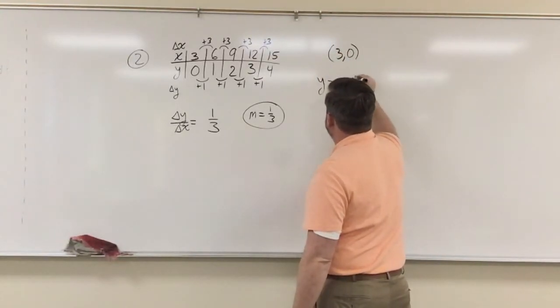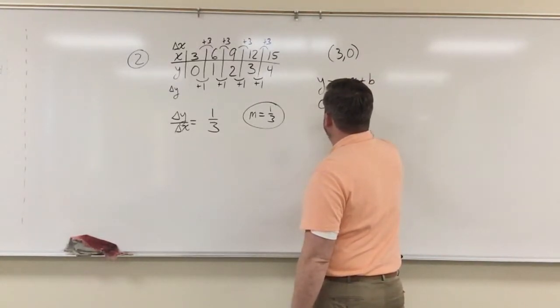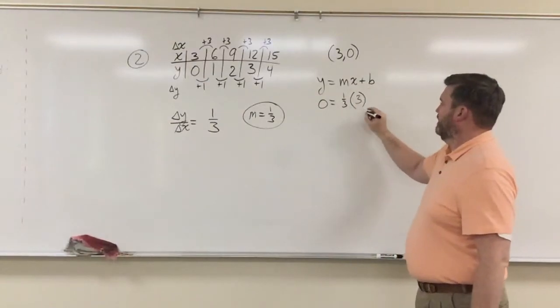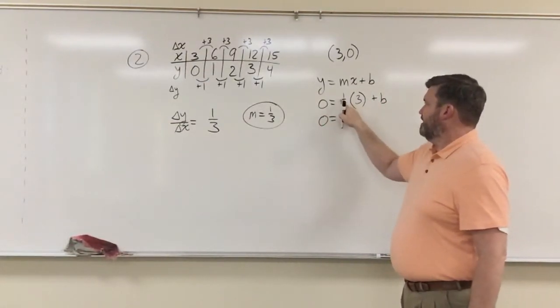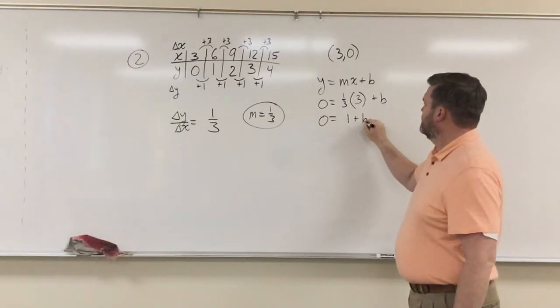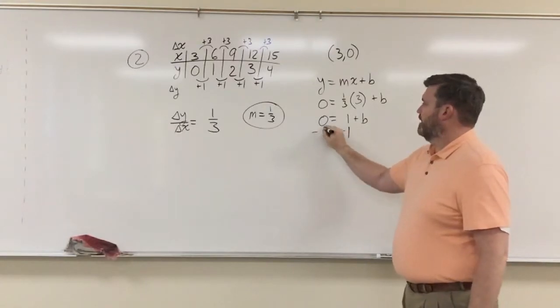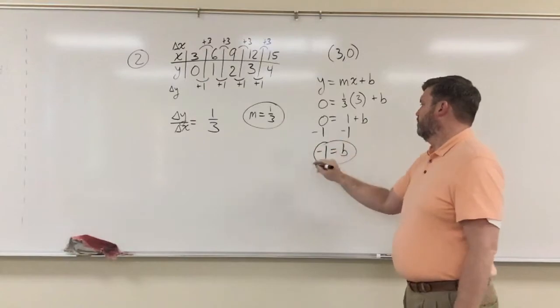So y equals mx plus b. y is 0, m is 1/3, x is 3. 3 divided by 3 is 1. Get rid of a +1 by subtracting 1. And you get b is -1.